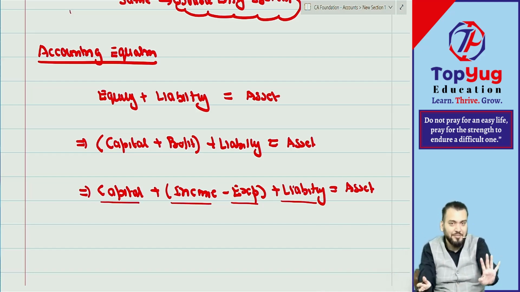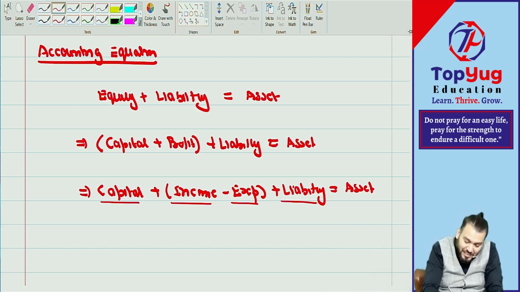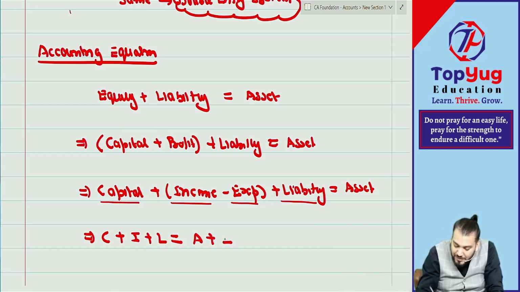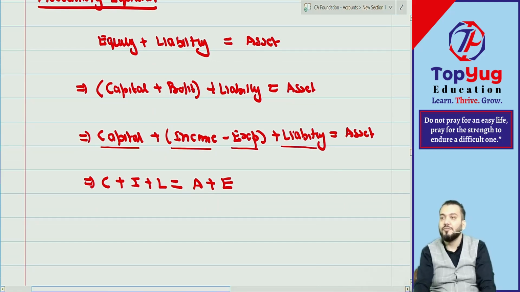Plus. This you know? Thank God. Because I can't teach mathematics. Only this much is required. So if I simplify it, it becomes capital plus income plus liability is equal to asset plus expense. Yes or no? Understood.